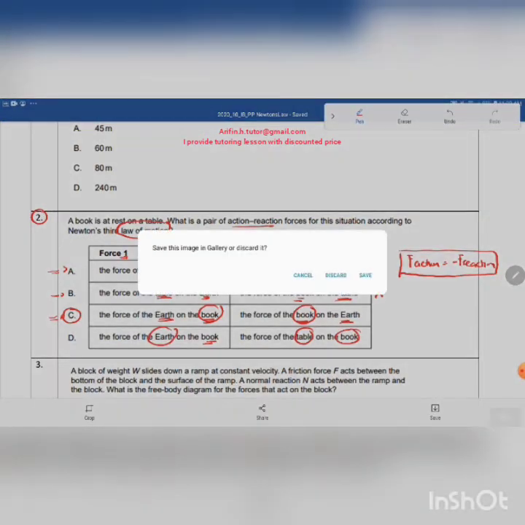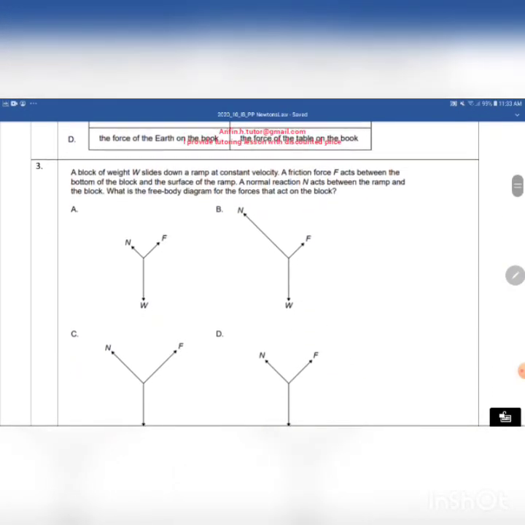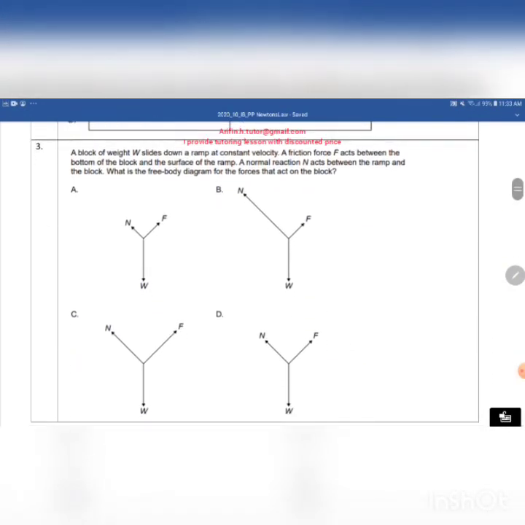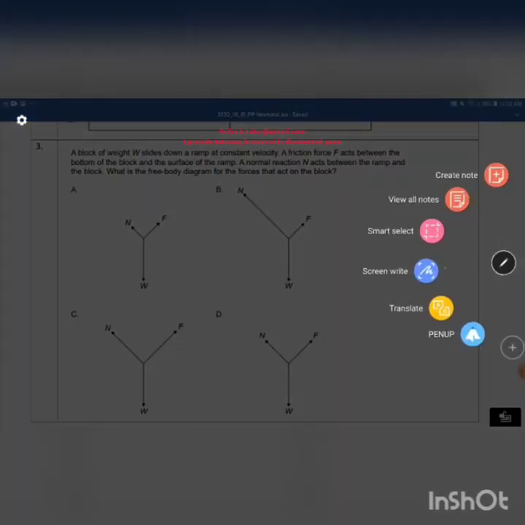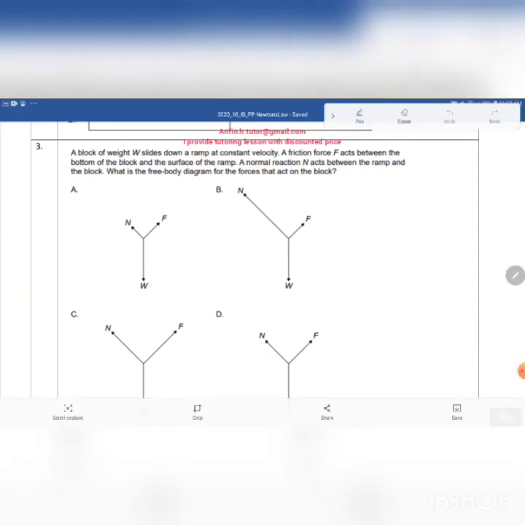And then let's continue again to number 3. Okay, for number 3, this discusses equilibrium. For equilibrium, the important thing that you need to memorize about this question is about the graph. A friction force acts between the bottom of the block and the surface of the ramp. Okay, so that is the ramp.